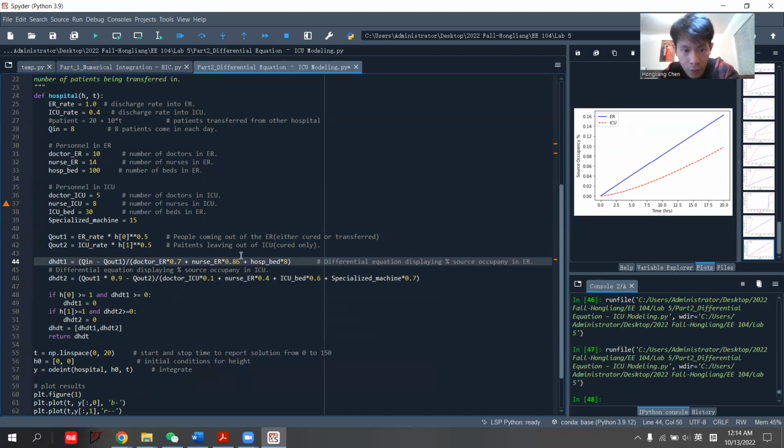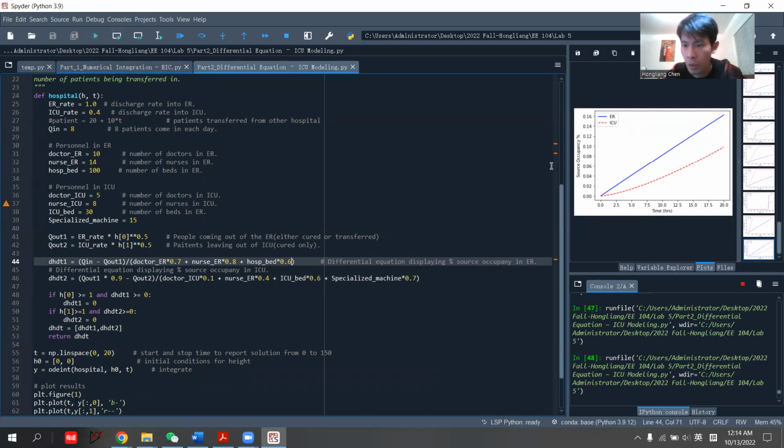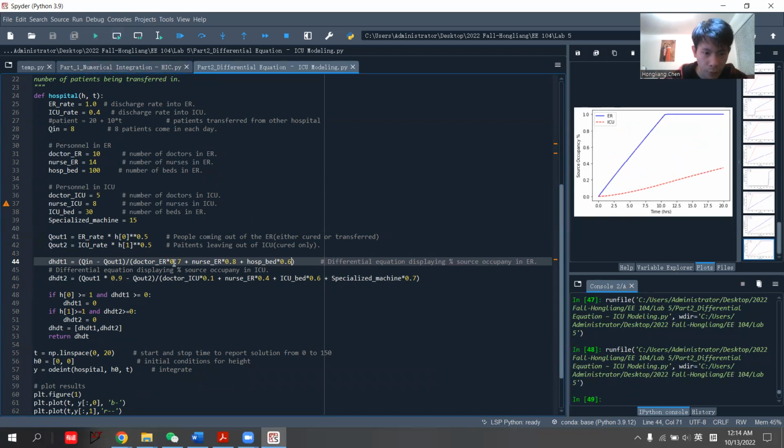I'm fixing the code here to see if we can make the saturation case for both. We need some time to set it up.